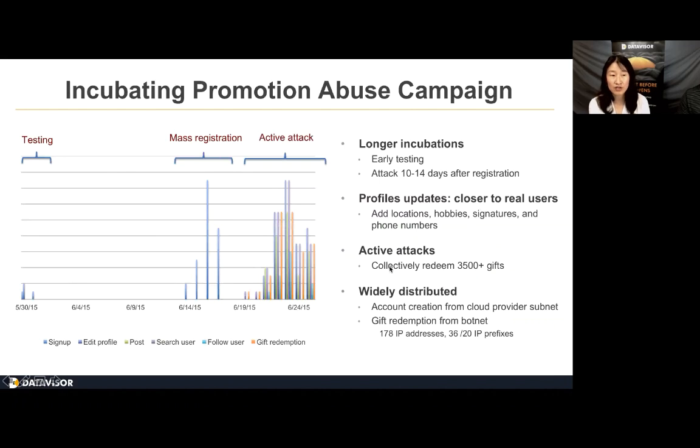So this is a real-world example of attackers in a social event. The x-axis here is the time. The y-axis here is the number of users. You can see that attackers first incubate. They test among a very small number of users in the beginning of May.